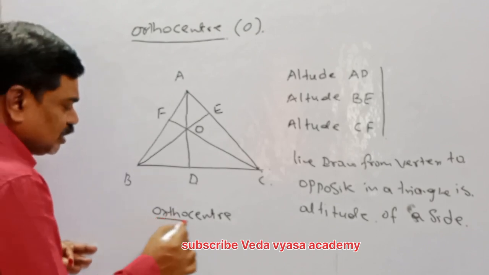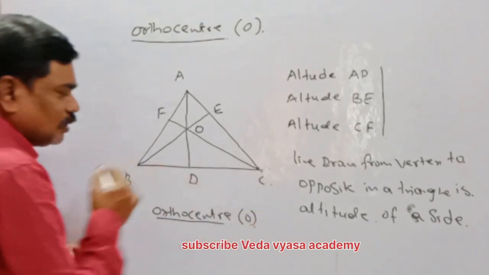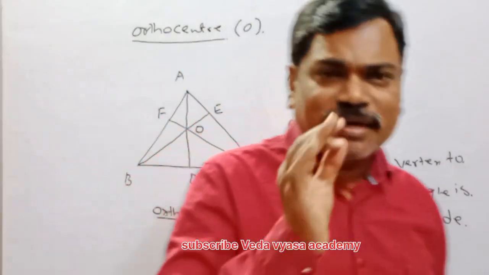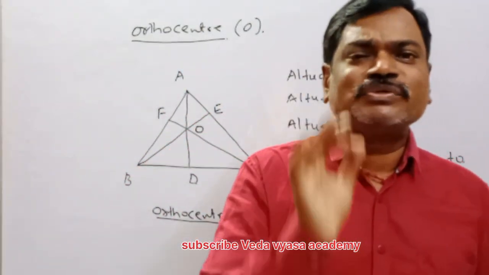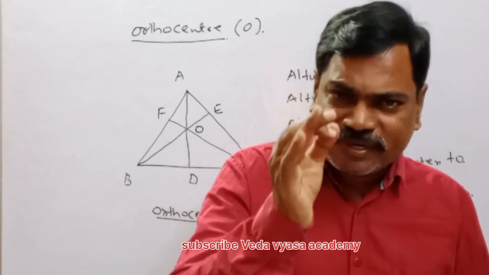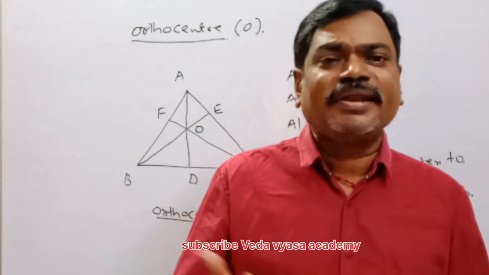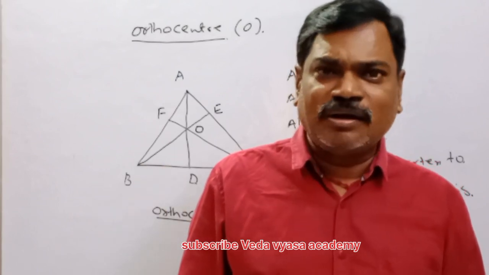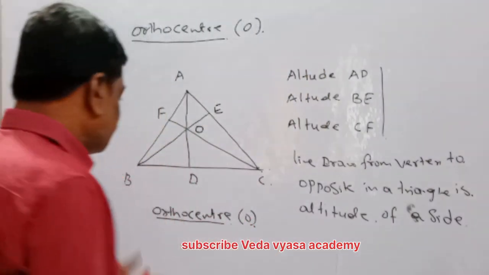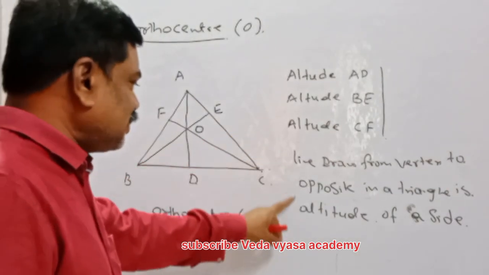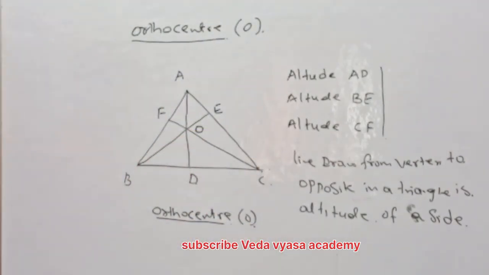O is the orthocenter. Okay, in a triangle, the altitudes are concurrent. This concurrency point is called the orthocenter. The altitudes of a triangle are concurrent and the concurrency point is called the orthocenter.